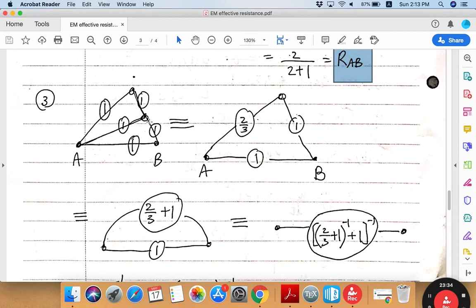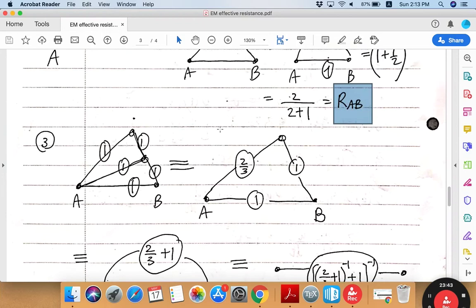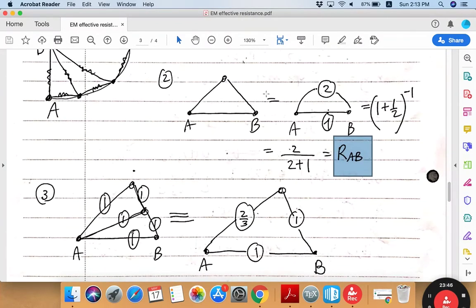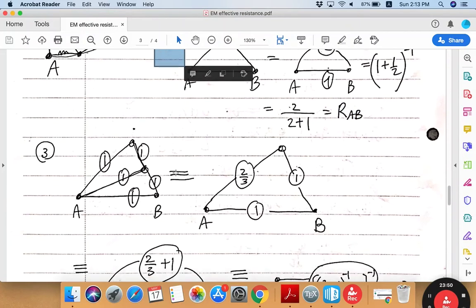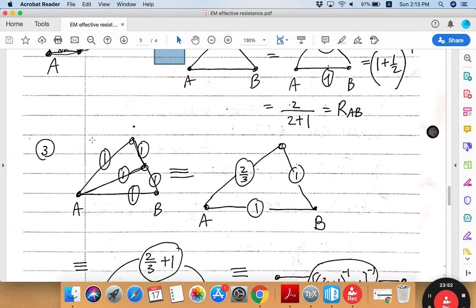Now, I'm going to reduce this to an equivalent network by invoking the knowledge we already obtained from step 2 over here. Namely, if I put together these 3 legs of a triangle, then I can treat this as if it's a single resistor whose resistance is 2/3.